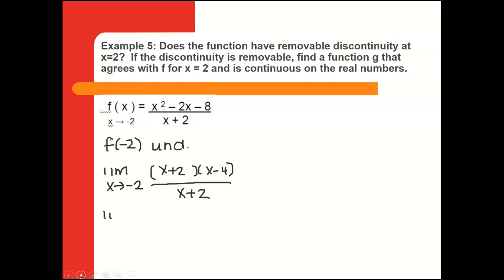So then you get the limit as x approaches -2 of x minus 4, which then you plug in your -2 and you get -2 minus 4. So we see that the limit as x approaches -2 is equal to -6.